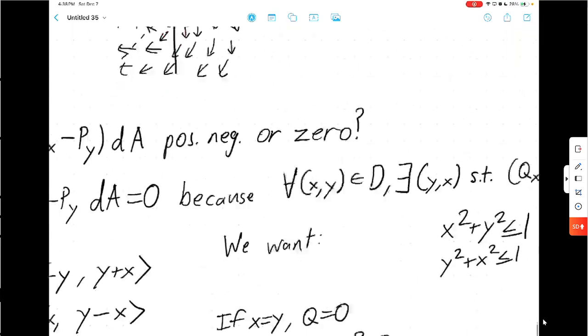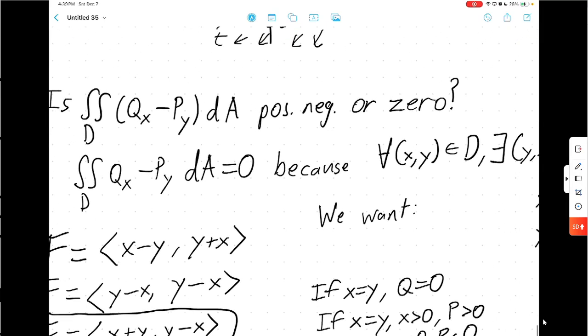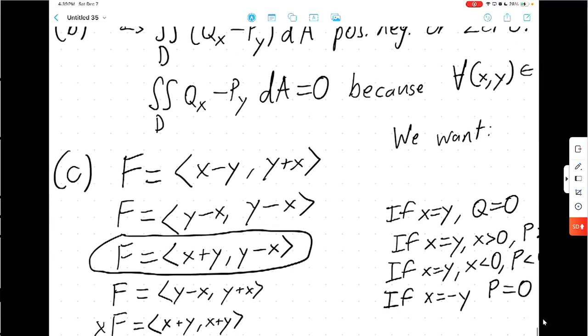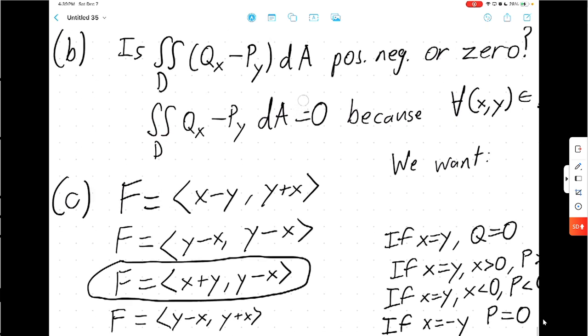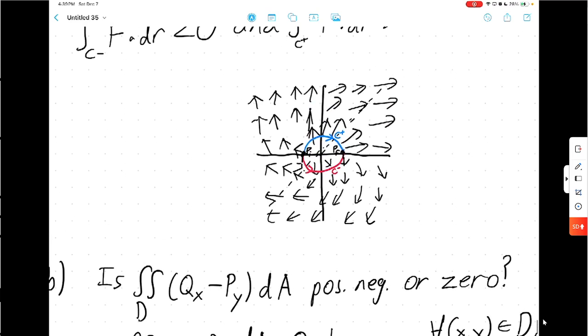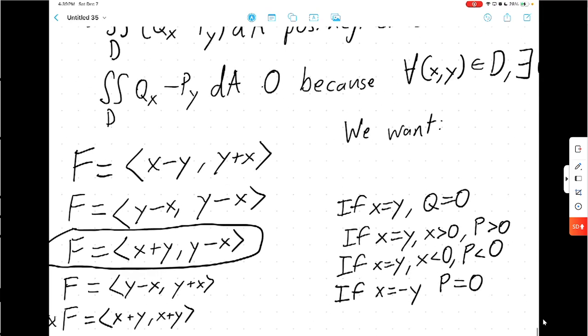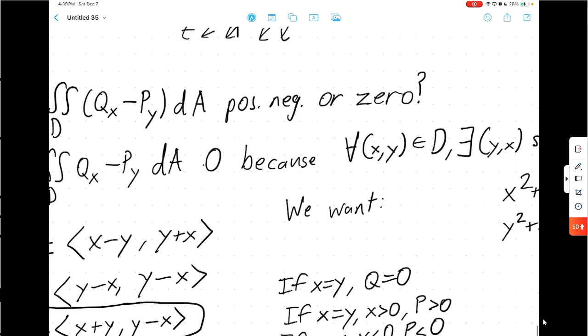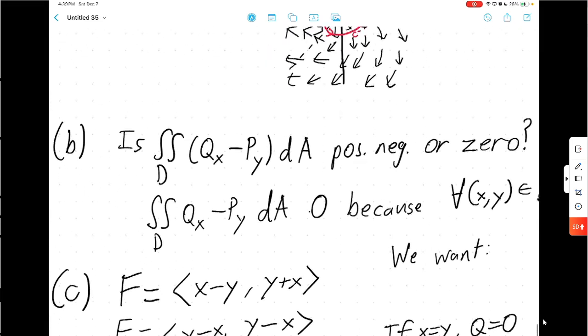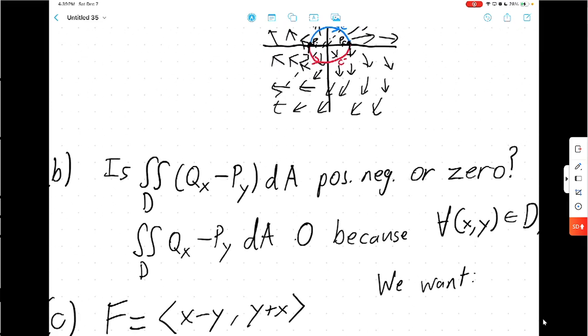So let me just see what the math is going to be. I see what's happening. It's because the orientation's flipped. It's because this goes into single orientation, which means one of them's going to be flipped. So all of these are actually the same thing.